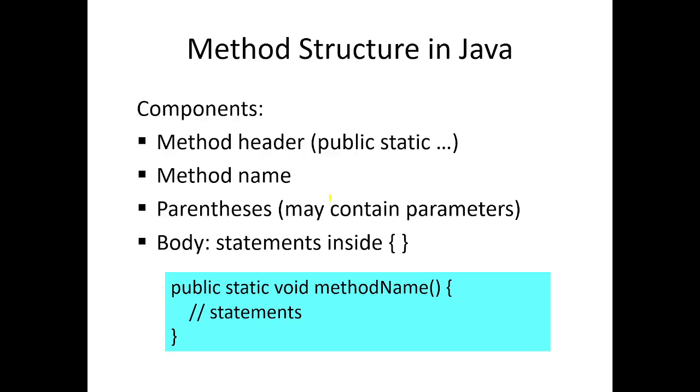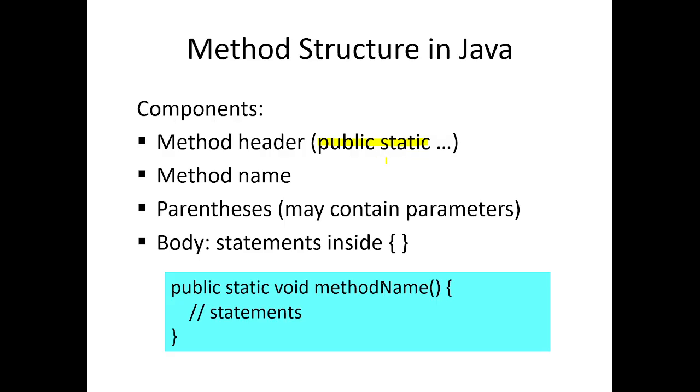We have several method structures in Java, so let's see what the components are. Basically, maybe a few of these items you have learned during the class. Have you seen this public static? Mainly in the lab you have seen this public static. This part we call the method header.